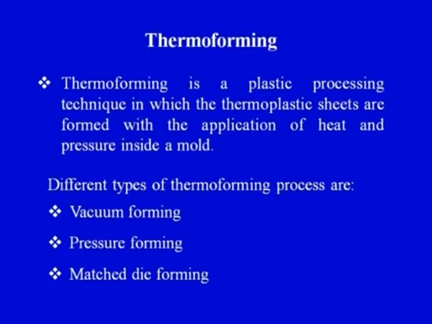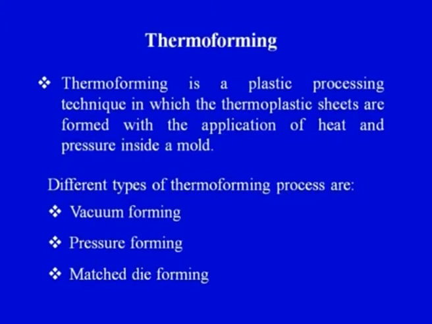So we are going to manipulate the heating mechanism and the pressure application in order to deform a heated sheet into the desired product. The forming takes place inside the mold, and the mold would conform to the shape and the details of the final product that we want to produce.